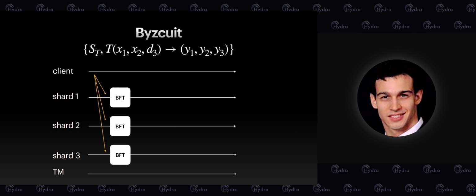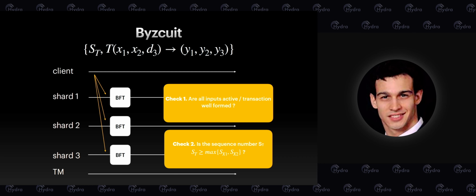And also, since the client with the transaction T wishes to consume only objects X1 and X2, but create an object on shard 3, Y3, it needs to add a dummy object of shard 3. So it would simply reference one of the objects of shard 3 and say, we pretend that this is an object that needs to be consumed. This is a trick that forces shard 3 to be part of the first phase of the protocol.